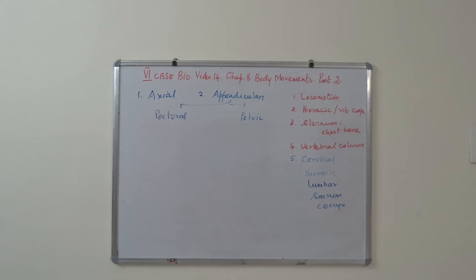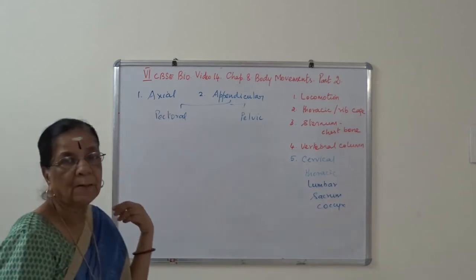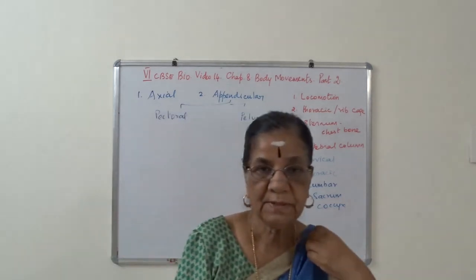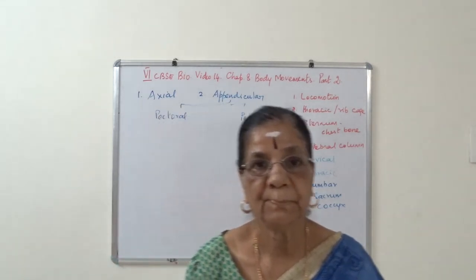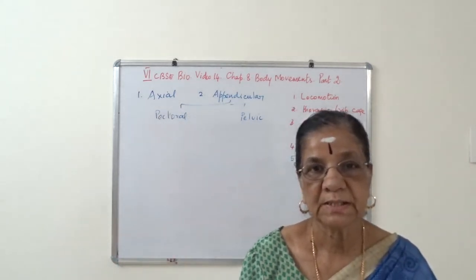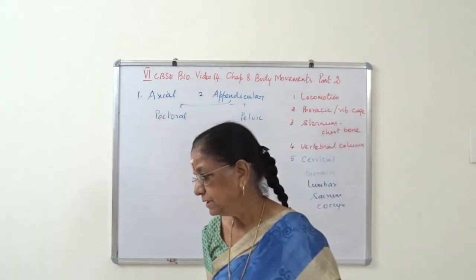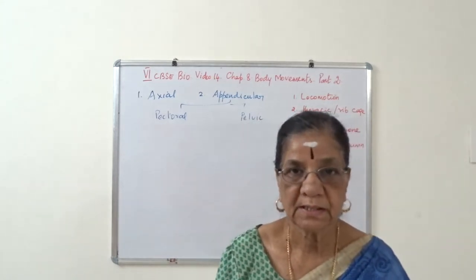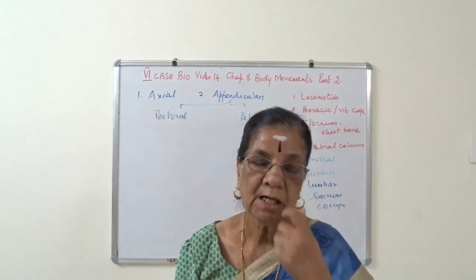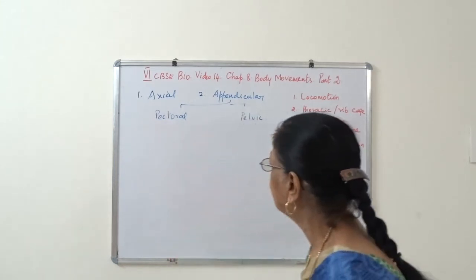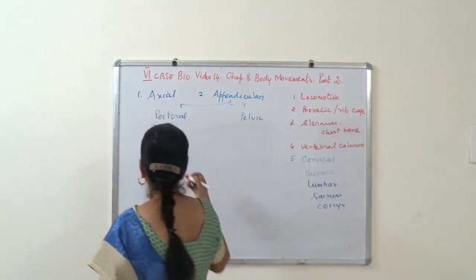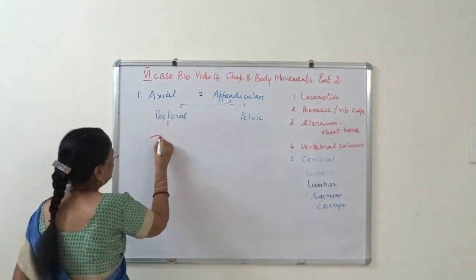Pectoral girdle and bones of the upper limb, and pelvic girdle and bones of the lower limb. I hope you are listening. Right? Now this pectoral girdle is formed of two bones.